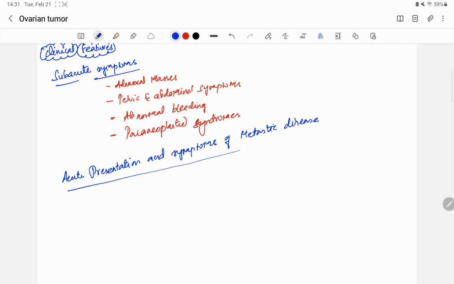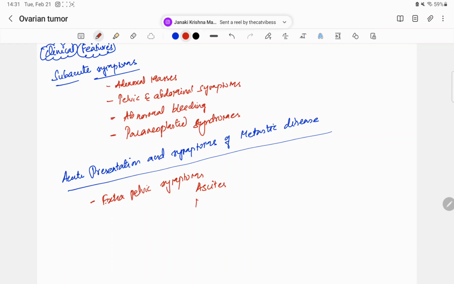Usually it starts with the extrapelvic symptoms, which include ascites, malignant pleural effusion, and bowel obstruction.